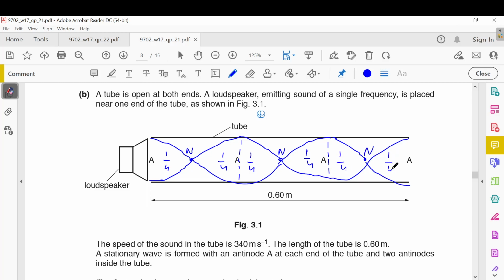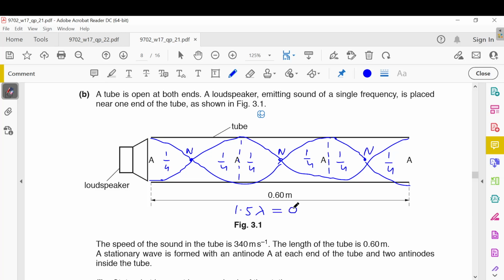And if you are smart enough, you can see that this is 1.5 lambda. There are 4 quarters in a wave: 1, 2, 3, 4. There is a complete wave and then there is a half wave. So that shouldn't be an issue.